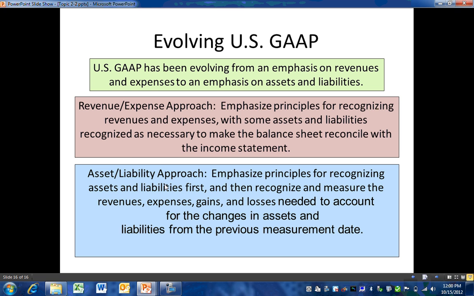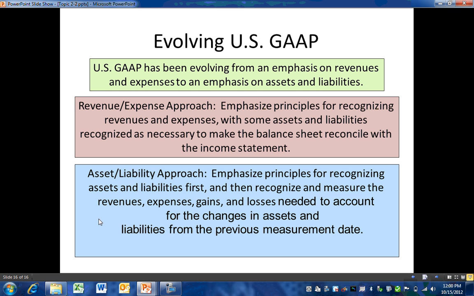In the asset liability approach, we are looking to value the assets and liability first and then recognize the impact of the change in assets or liabilities on the income statement account elements, revenue, expenses, gains, and losses. Under the revenue expense approach, the emphasis was on the recognition of revenue and matching with expenses.